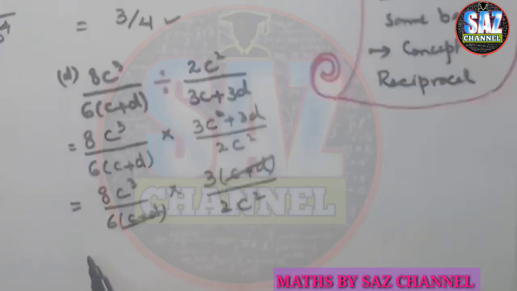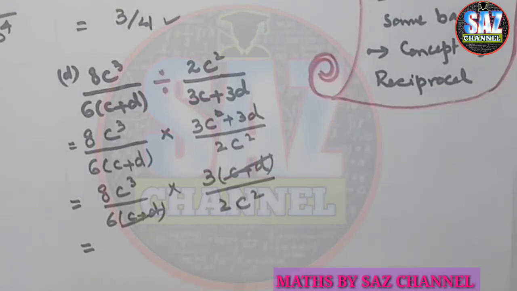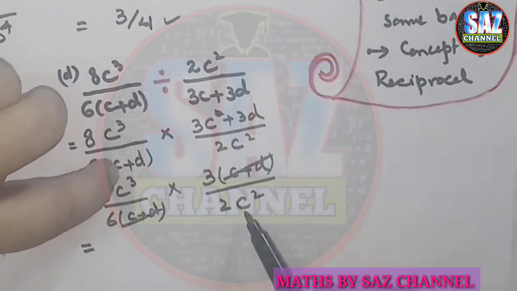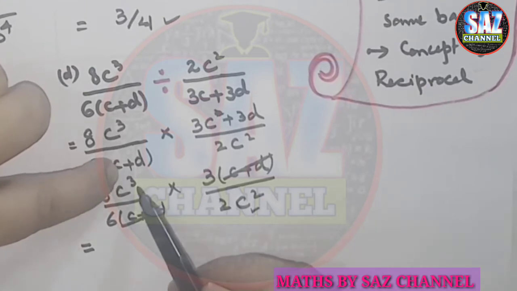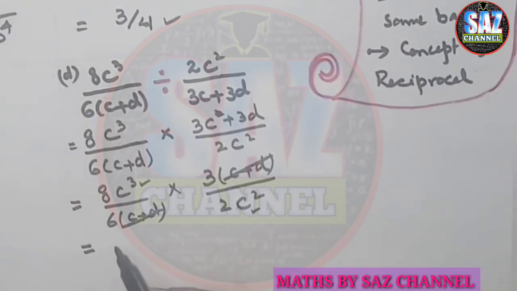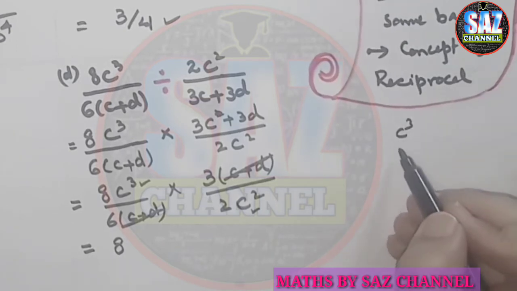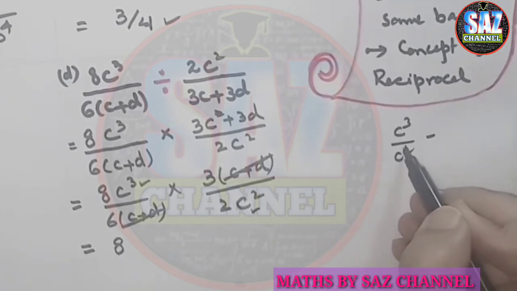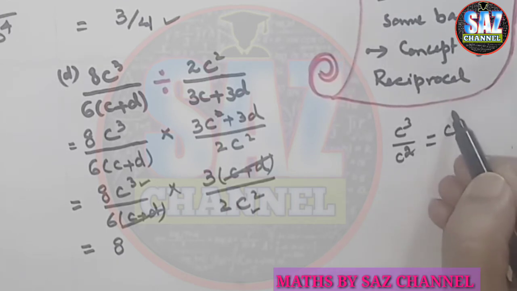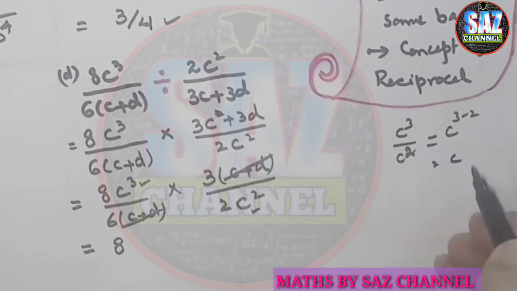We can cancel it, and if we look at c cubed and c squared, here we can apply the division law of indices with the same base, and according to that, c cubed divided by c squared will be equal to c to the power 3 minus 2, which is equal to c.